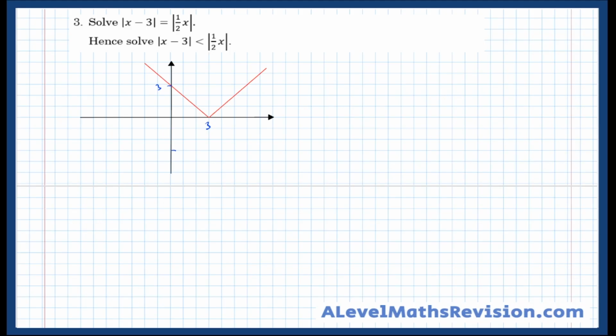Let's label the individual parts. So that was y equals x minus 3, and this side has been negated or reflected, y equals minus x plus 3, like that.